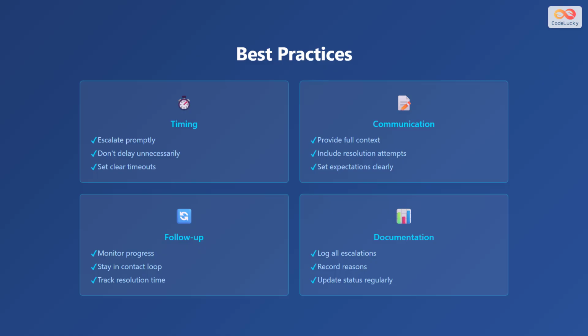For follow-up, monitor the incident's progress even after escalation. Stay in the communication loop to understand resolution steps. Track resolution time to identify patterns. For documentation, log all escalations in your system. Record the reasons why escalation was necessary. Update status regularly so everyone has current information.